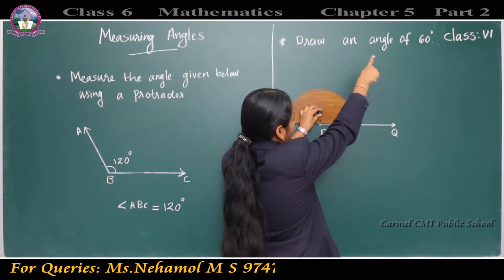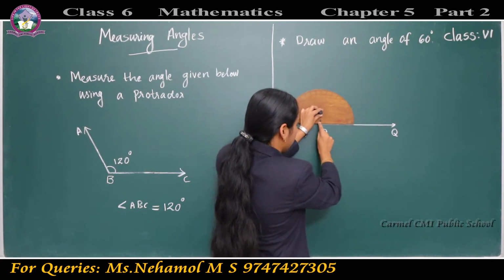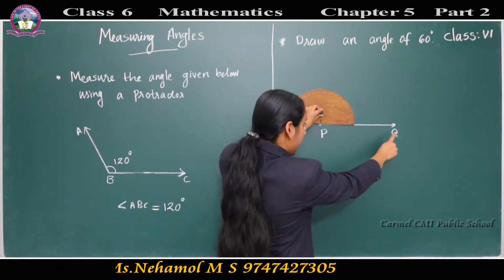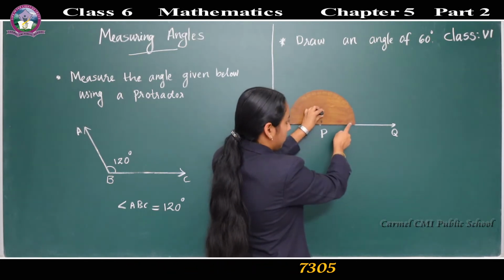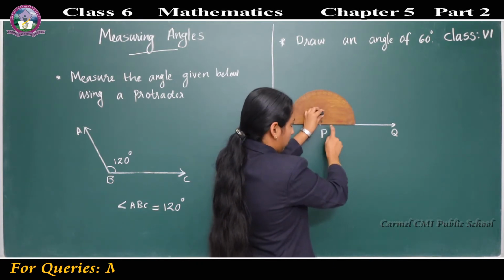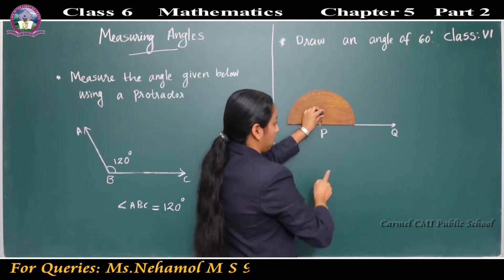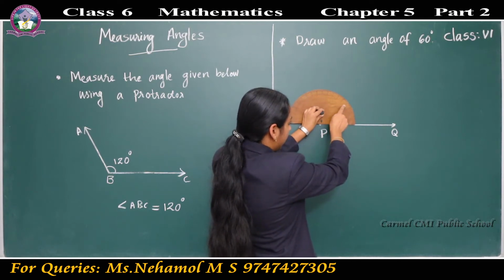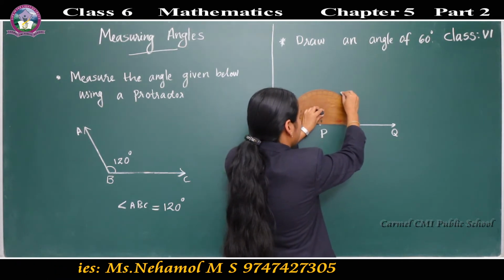Then we have to draw an angle of 60 degrees. Adjust the protractor so that the straight edge of the protractor coincides with the ray PQ. Then from this 0, we have to read the scale of the protractor, because this 0 of the protractor coincides with the ray PQ. So read from here: 0, 10, 20, 30, 40, 50, 60. Mark a point there.